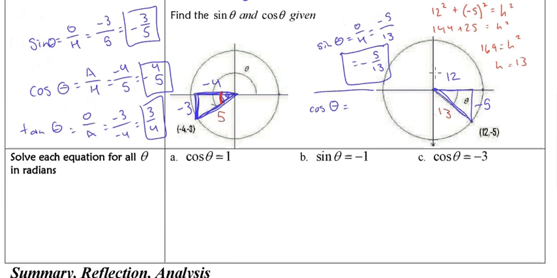And so we got adjacent is 12 over hypotenuse, which is 13, positive 12/13. You could also find the tangent of theta. So tangent of theta is going to be your opposite over adjacent, which would be negative 5 over 12, so negative 5/12. All right, I hope that helps.